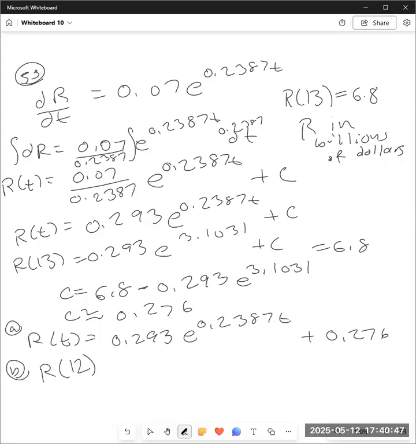So find R of 12. It's going to be 0.293 e to the 0.2387 times 12 plus 0.276, and put that in your calculator. Round to the nearest tenth of a billion here. So this is $5.4 billion.